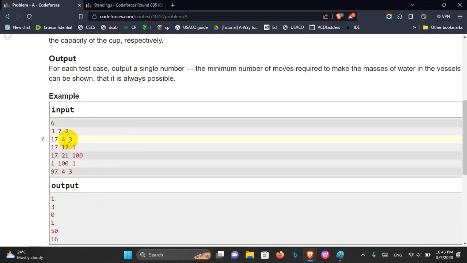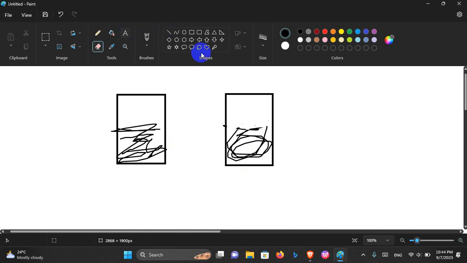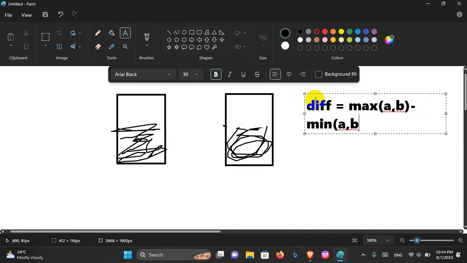So the difference is the maximum of A and B minus the minimum of A and B. Now we have the difference.